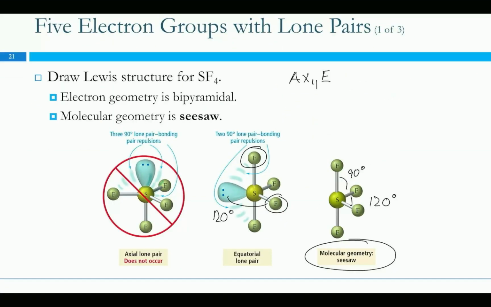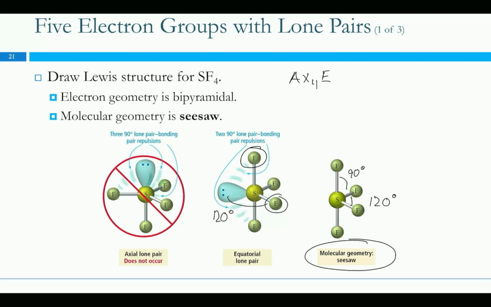No, wait, you're thinking of square planar. So on this one, here I have 120 to here, 90 to here. If I replace this one on top, then it'll be 90 to the other lone pair. So the lone pair interaction is the worst.